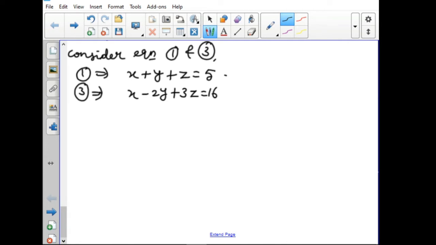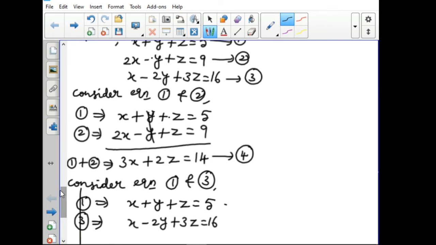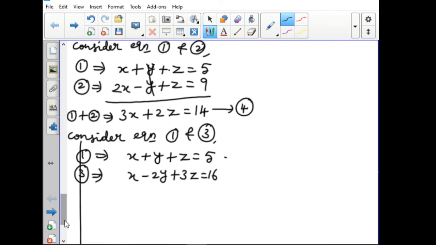But we have to compare with the first new equation, 3x plus 2z. In equation 4 we got x and z terms only, not the y term.